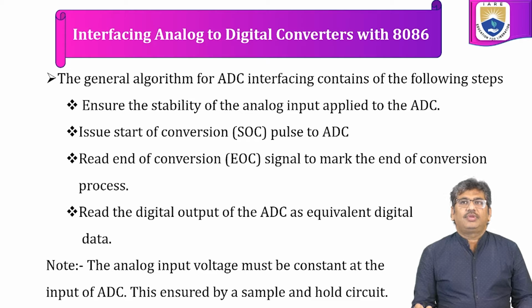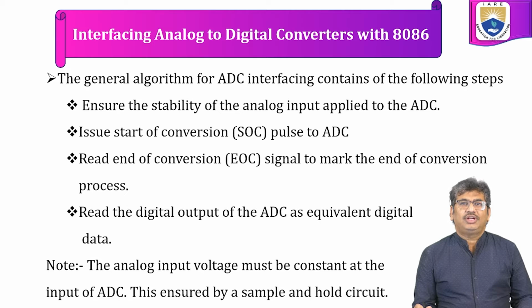The algorithm for analog to digital conversion interfacing contains the following steps. The first one is to ensure the stability of the analog input applied to the ADC, as the analog signal changes its amplitude with respect to time.